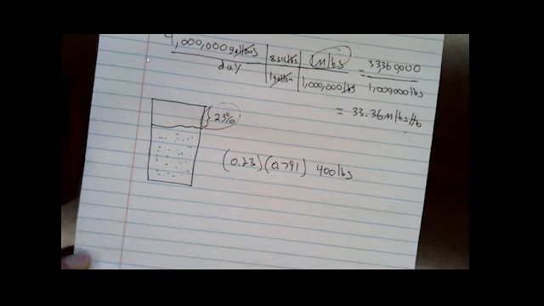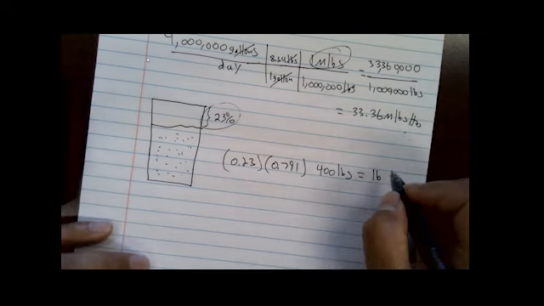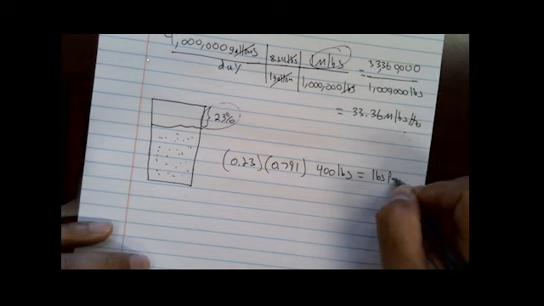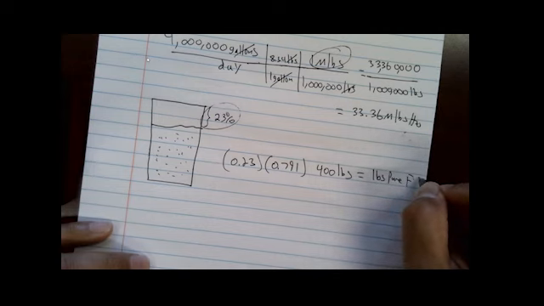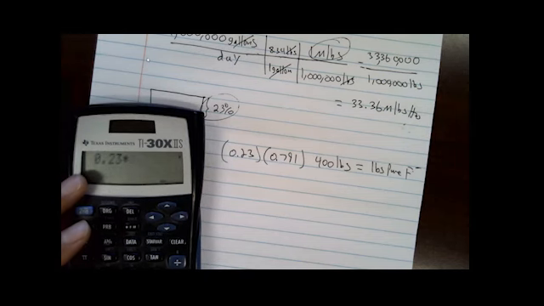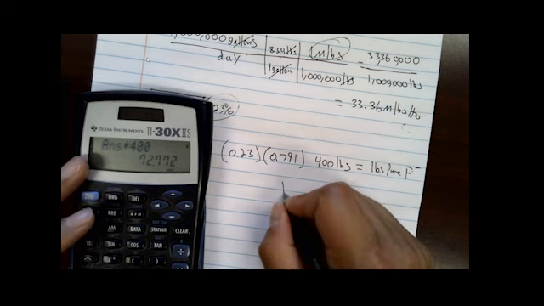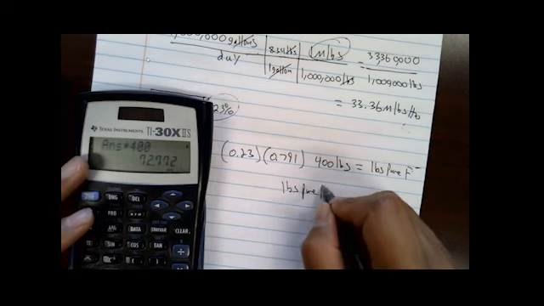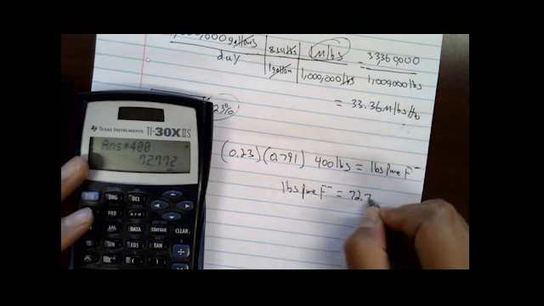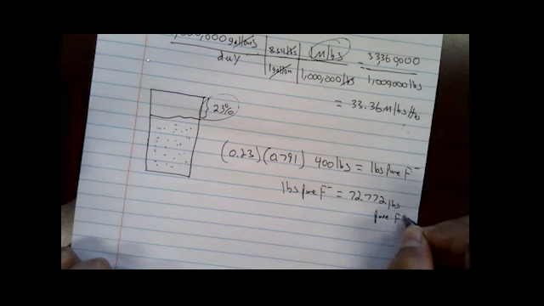So basically we're looking for the pounds of pure fluoride ion. We multiply 0.23 by 0.791, and we multiply that by 400 to give us the pounds of pure fluoride ion, 72.772.